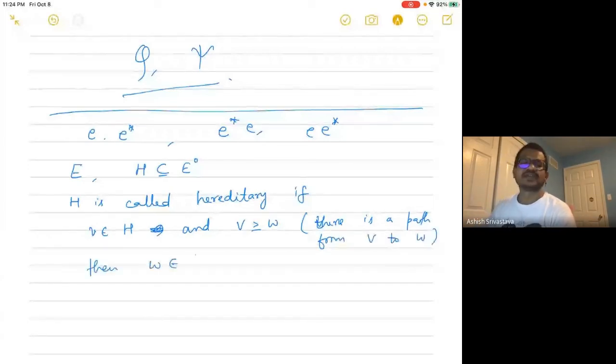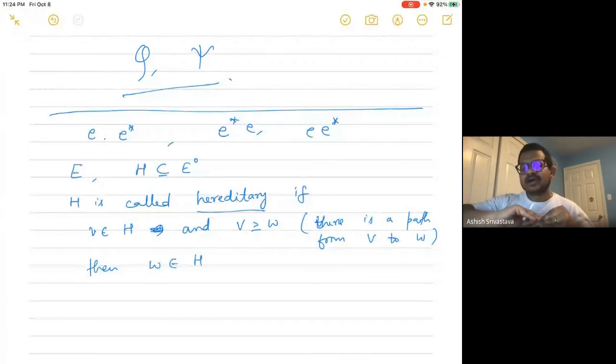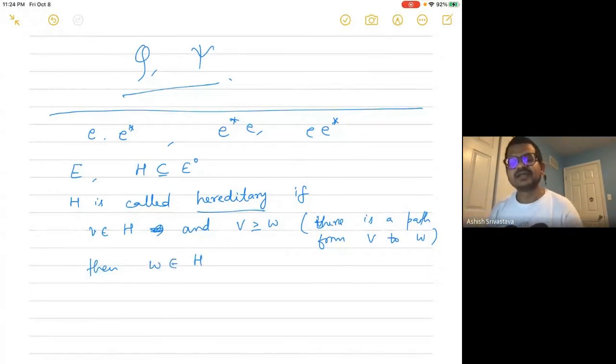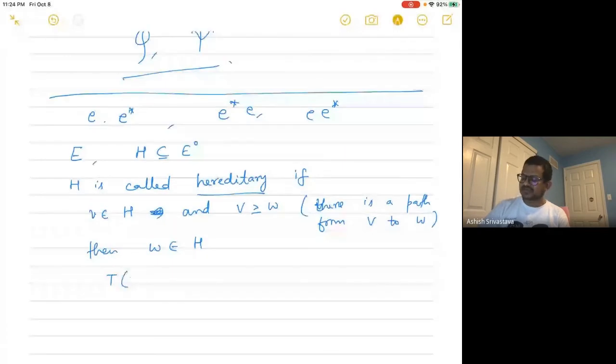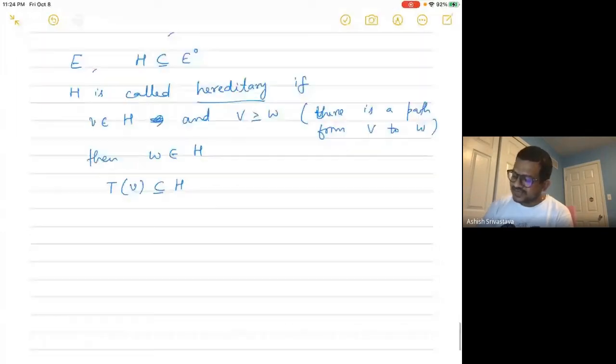And that's why the word hereditary. So if a vertex is there, then any vertex with a path from V to that is in H as well. In other words, if a vertex V is in H, then the tree out of that vertex is contained in H. That's what hereditary means. Okay. And H is called saturated.